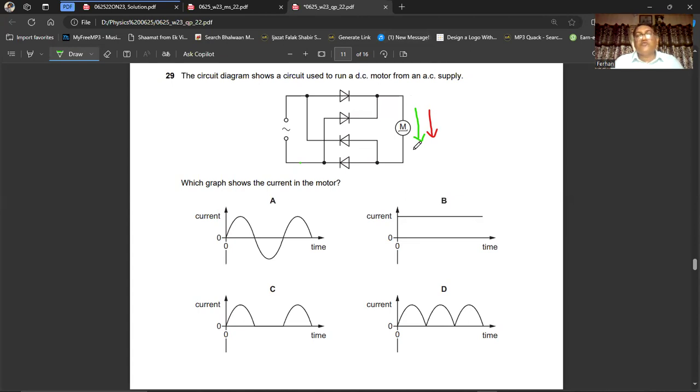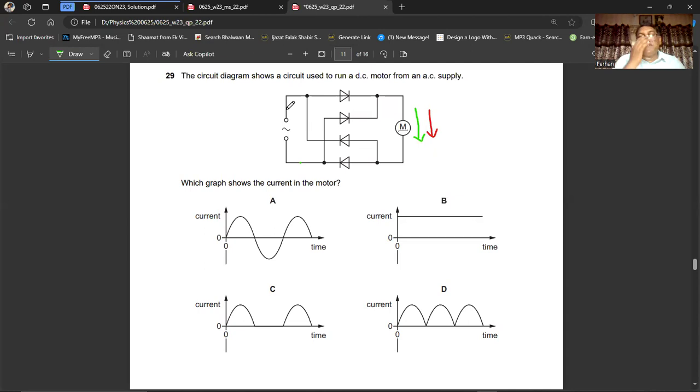I tried to show you with the red and the green. Because the motor is a DC motor, this is the benefit of these diodes. When the current is coming from here, it goes through and out from there. But if the current tries to come from the other side, because this diode will be in backward bias, it will not let it pass through.